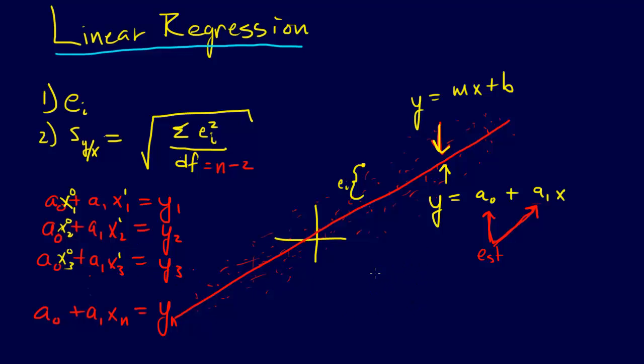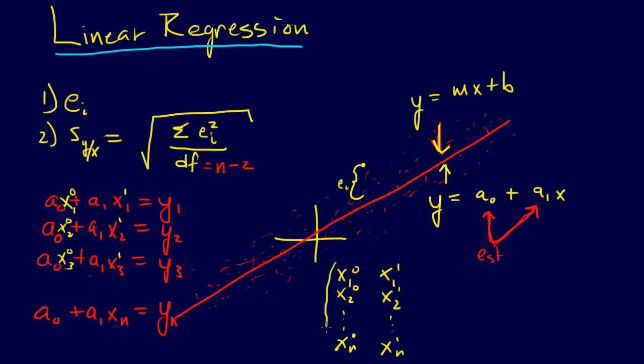And so then we're going to have, let me write this out, x1 to the 0, x2 to the 0, dot dot dot, xn to the 0, and then we're going to have x1 to the 1, x2 to the 1, dot dot dot, xn to the 1.